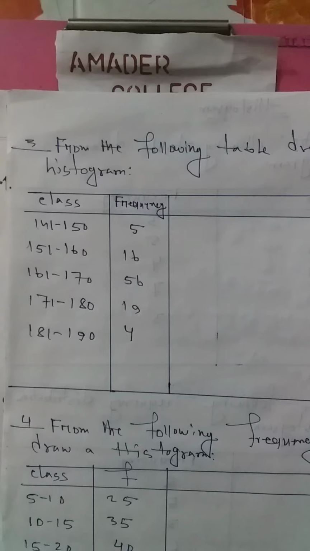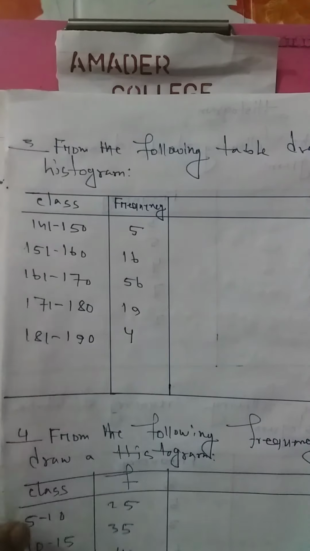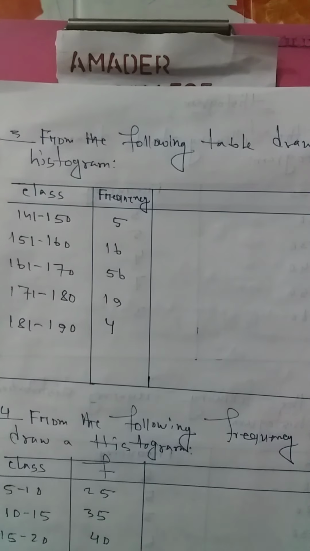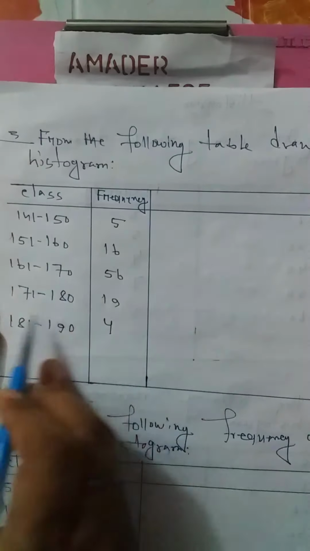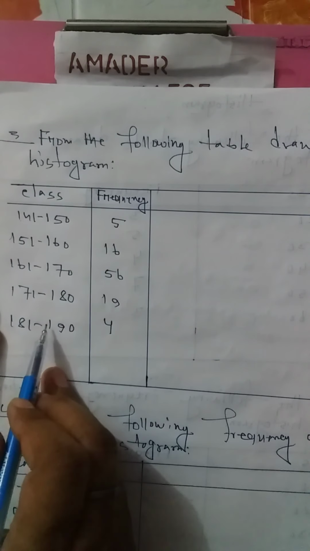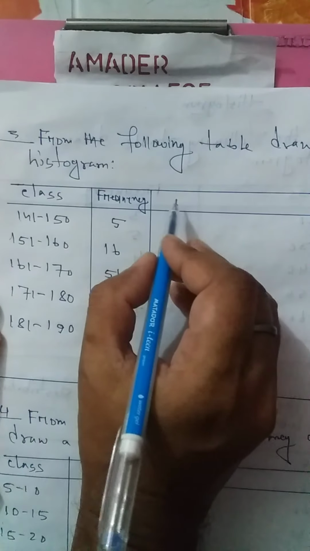To draw a histogram, the frequency distribution must be in exclusive method. So we can transfer the class from inclusive to exclusive. This is called the real class.